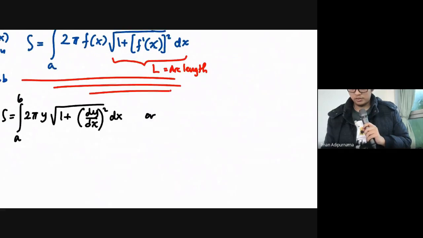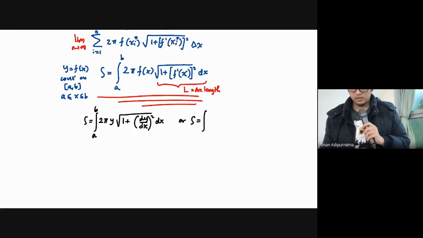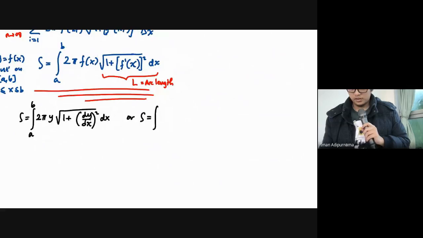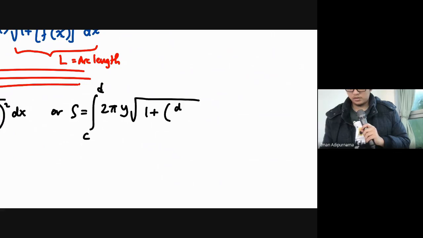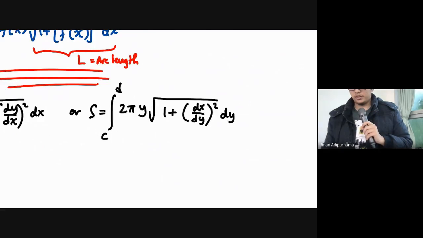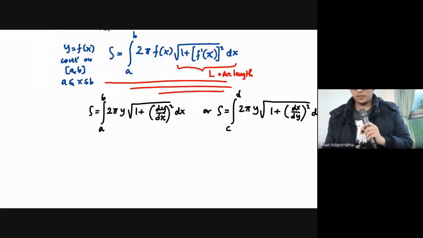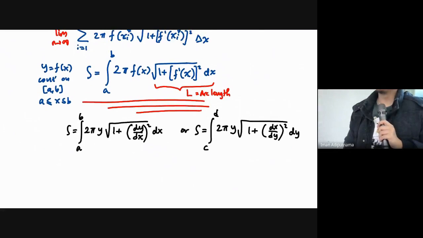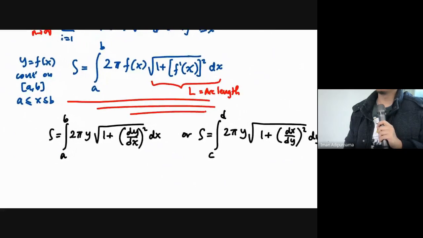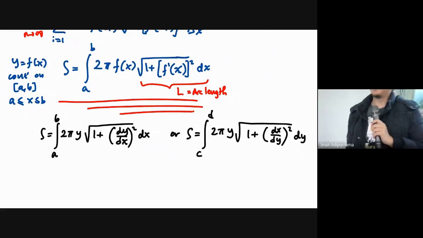Or you can write, let's say from c to d, 2 pi y, 1 plus... this is also how you can write it.